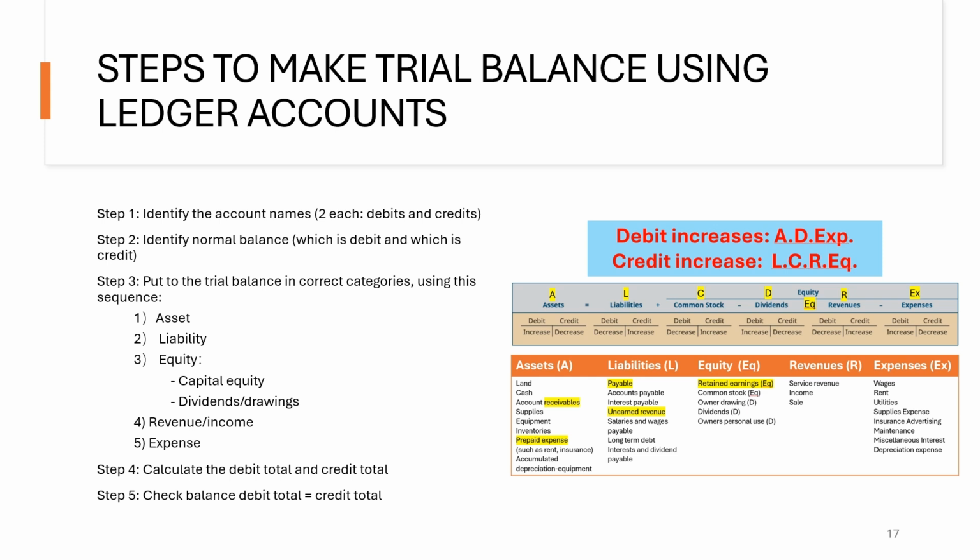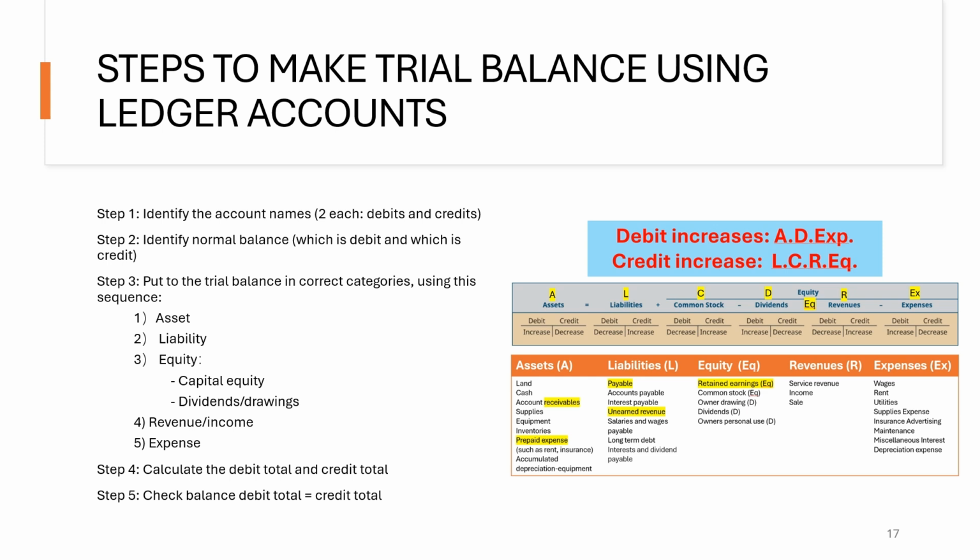I copied the table here to repeat the formula I gave you to help you remember which side should have debit and which side should have credit as the normal balance. Step 3, put the trial balance in correct categories using the sequence. So assets first, liabilities second, and equity afterwards. Equity could include capital equity and dividends or drawings, which are negative equity. And number 4, revenue or income.